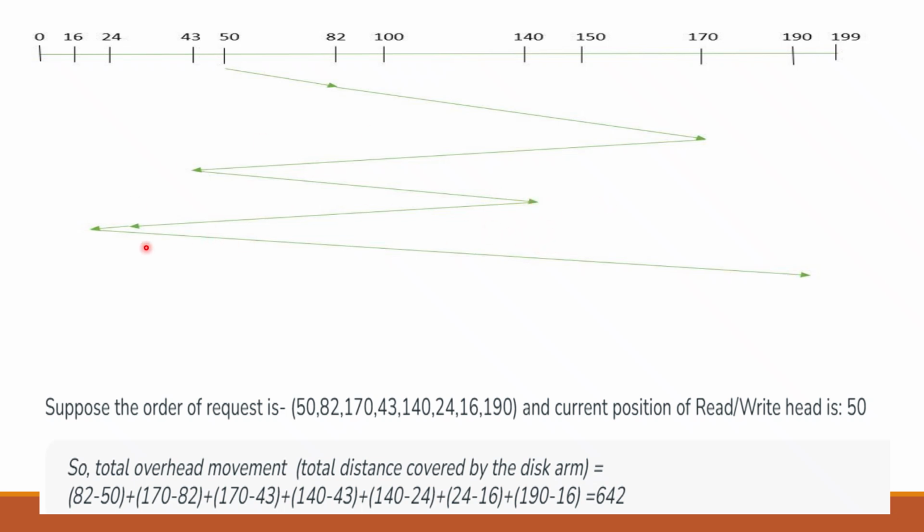After 140 it goes to 24, so 140 minus 24. After 24 it goes to 16, so 24 minus 16, then 190 minus 16. Always the larger number minus the smaller number. So the total distance covered here is 642.